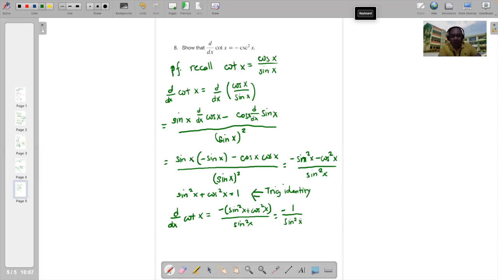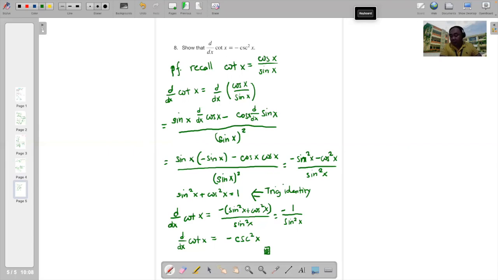But 1 over sine x is cosecant x. Correct. That is why finally the derivative of cotangent x is negative cosecant squared x. And thus, this finishes our proof. So you see, you can derive the derivative of cotangent x just by knowing the derivatives of cosine and sine x.